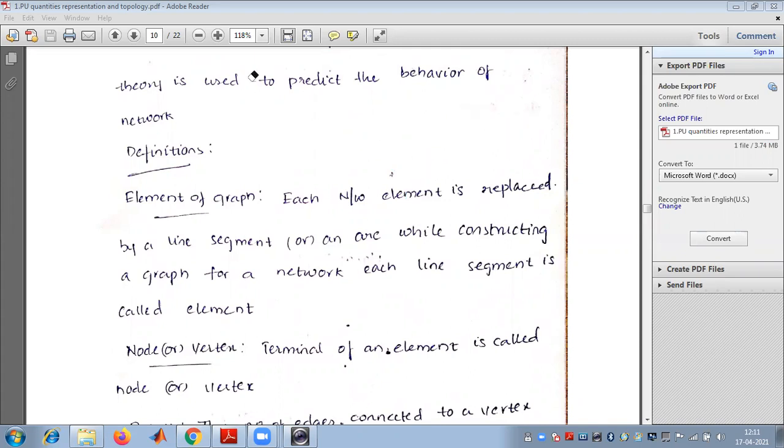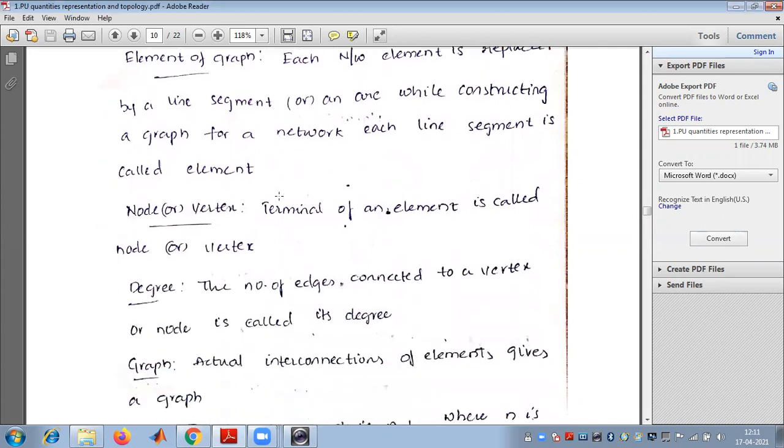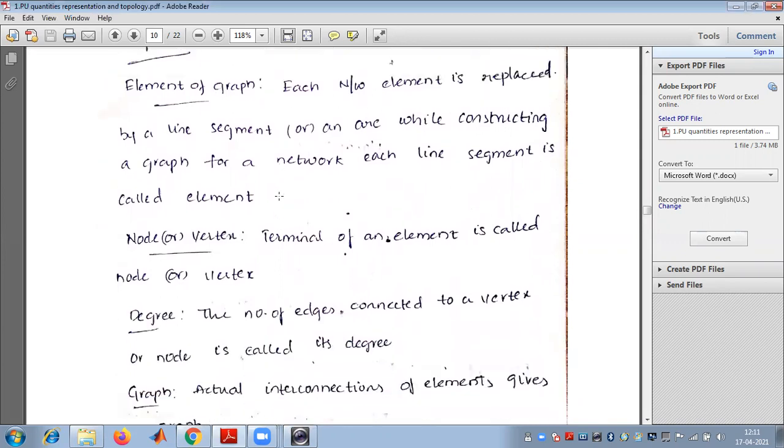Now the next one is node, or a vertex. Node is particularly related to a network, and you can sometimes call that node a vertex also. The terminal of an element is called a node. So what is an element?